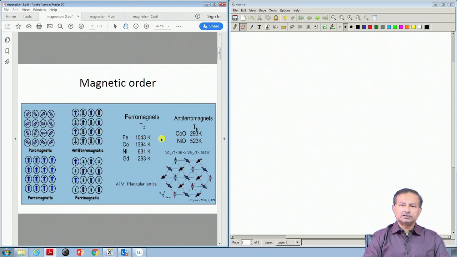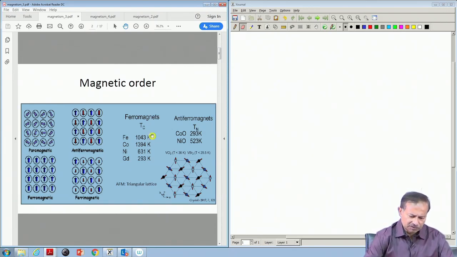They fluctuate because of thermal fluctuations, and the net moment turns out to be 0. Similarly, for cobalt it is even higher, 1394 Kelvin. So, these numbers 1043, 1394, 631, 293, all tell you the scale of the interaction that is trying to order these spins.